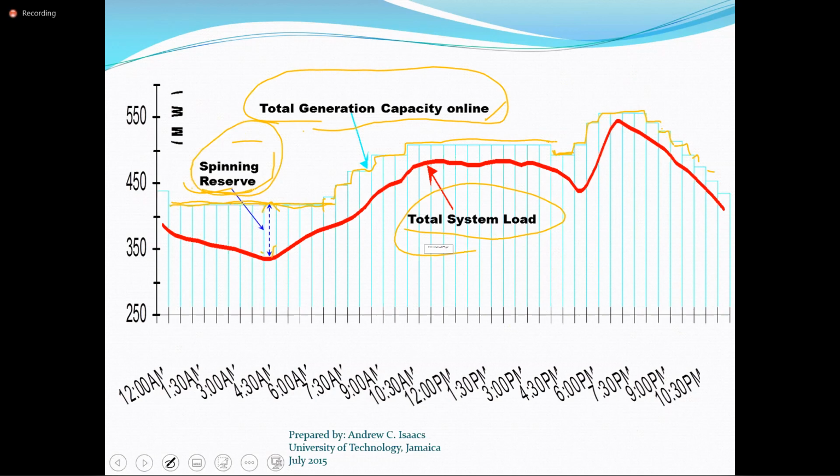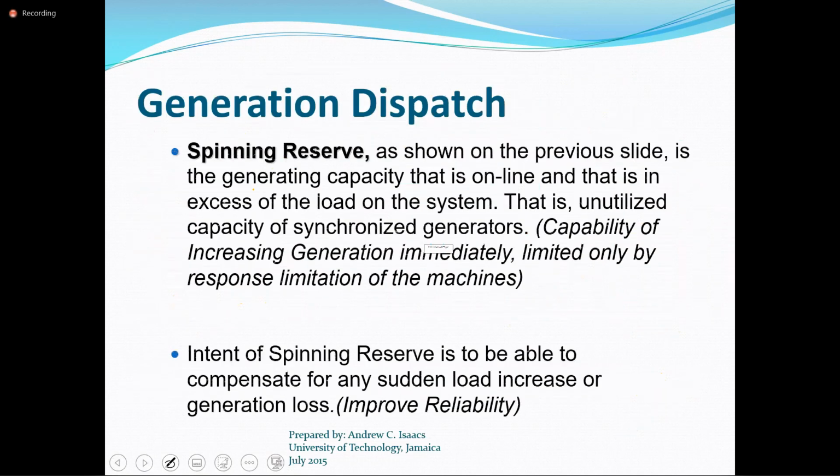So that's what we want to get into. So here we're talking about the spinning reserve. And that, as I said earlier, is the difference between what is online and the demand. So the capacity that is online, if we take away the demand from that, we'll get the spinning reserve.